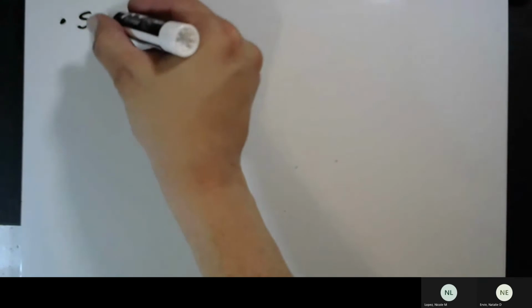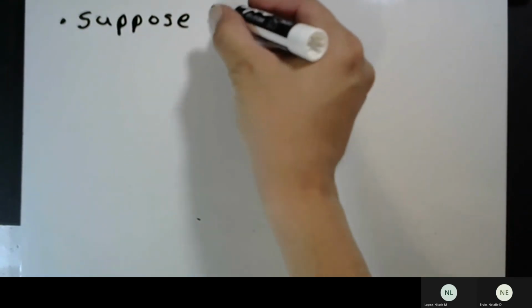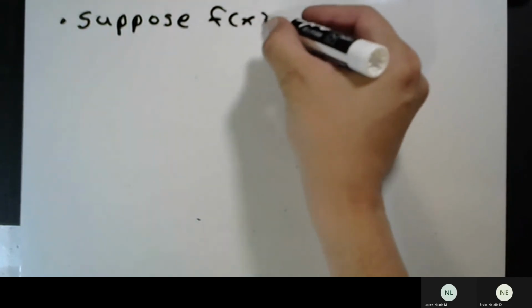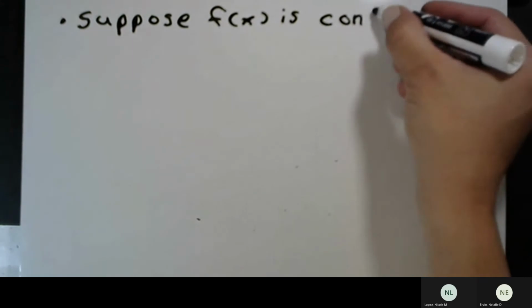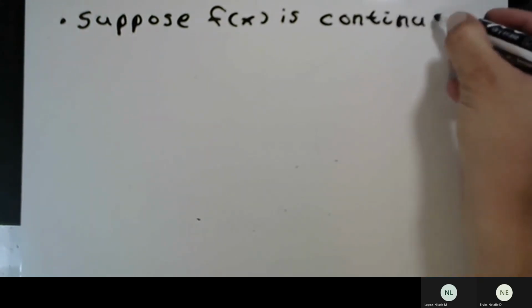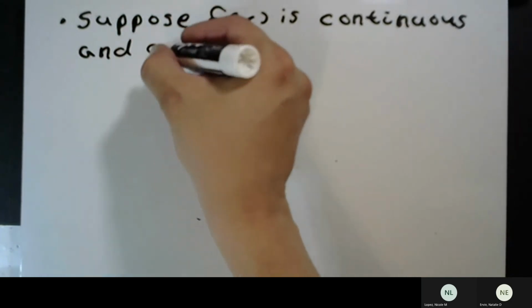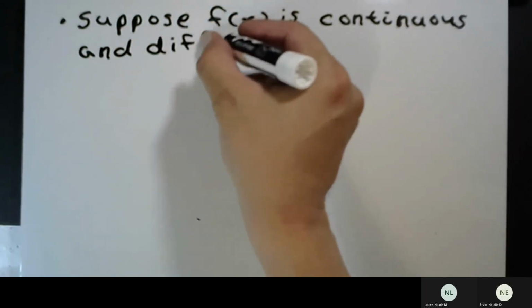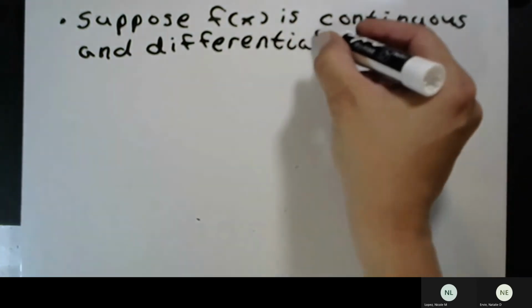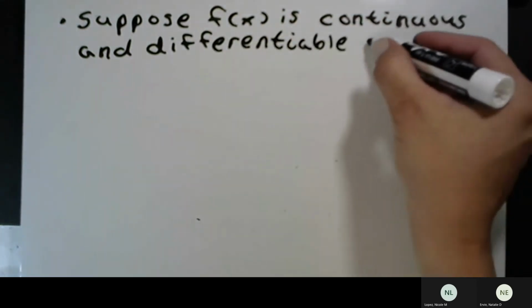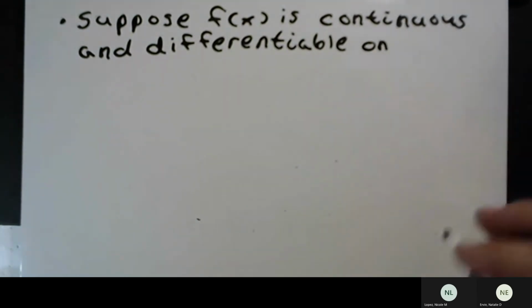So suppose f of x is continuous and differentiable on, oh, let me back up here.